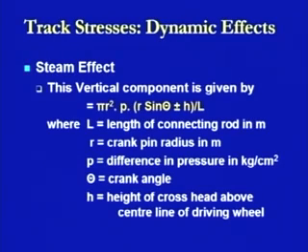This is computed as pi r square multiplied by p multiplied by r sin theta plus or minus h divided by L, where L is the length of connecting rod in meters, r is the crank pin radius, p is the difference in the pressure on the piston, theta is the crank angle, and h is the height of the crosshead above center line of driving wheel, positive or negative depending on whether it is up or down of the driving wheel.